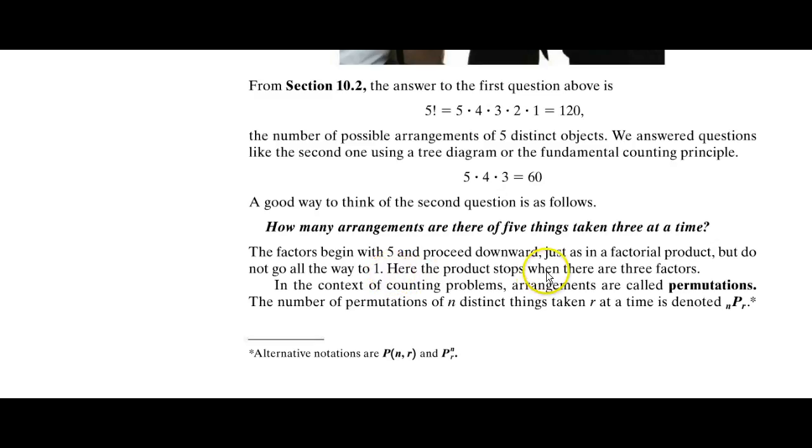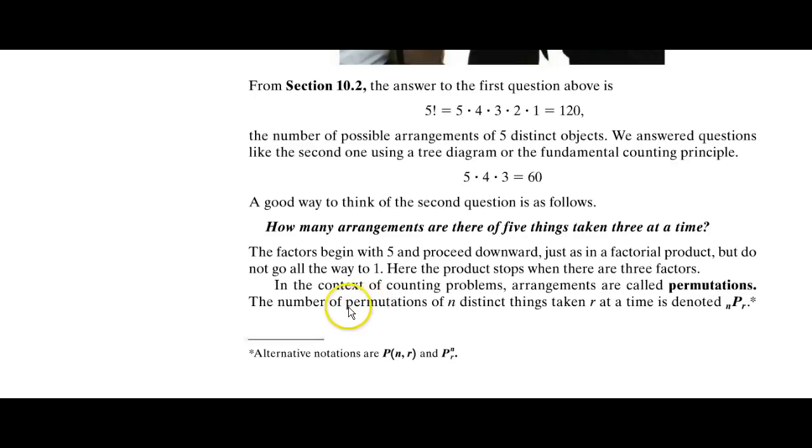Here the product stops when there are 3 factors. Just this. Now there is a way that we have where order is important, and counting problems are done this way, and the method is called permutations.